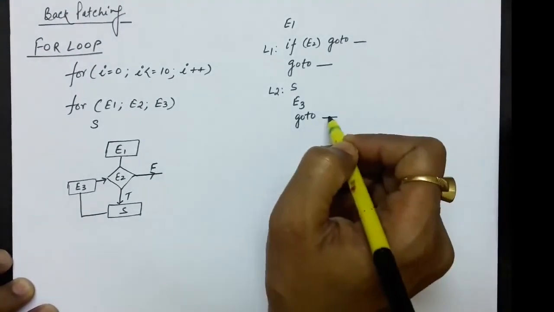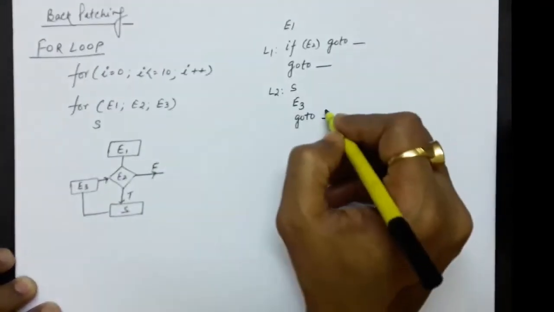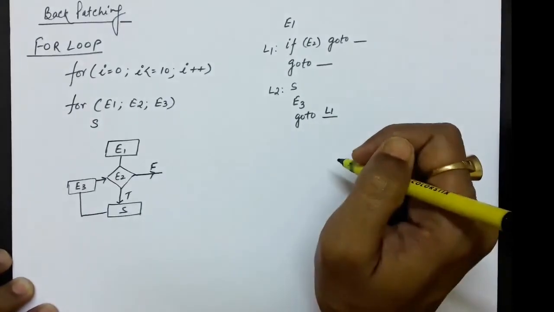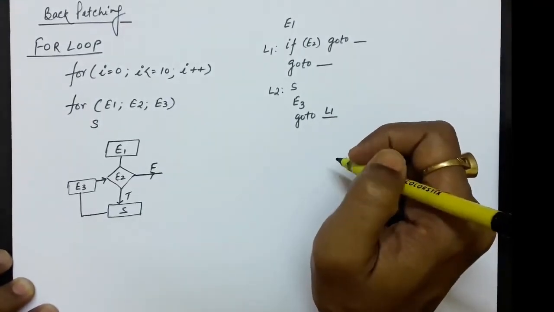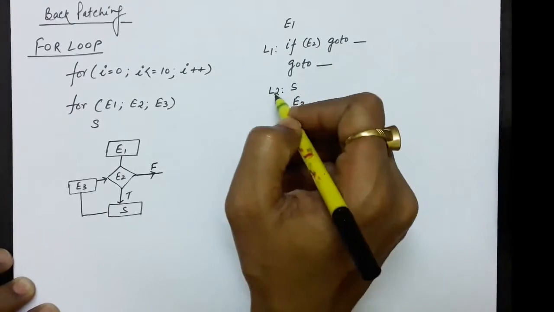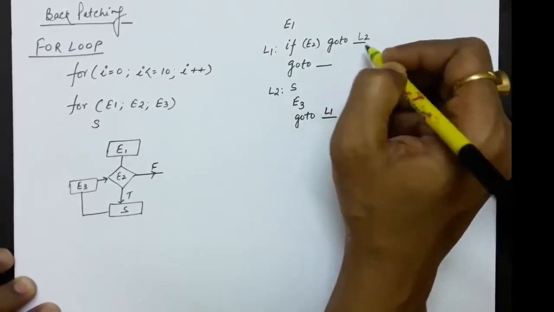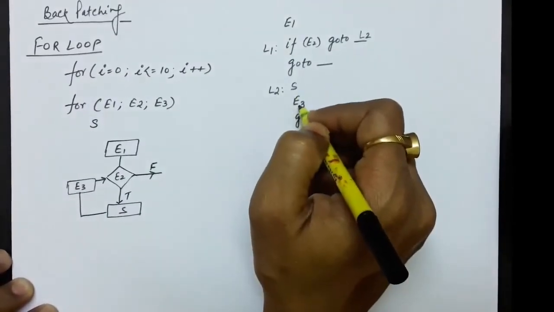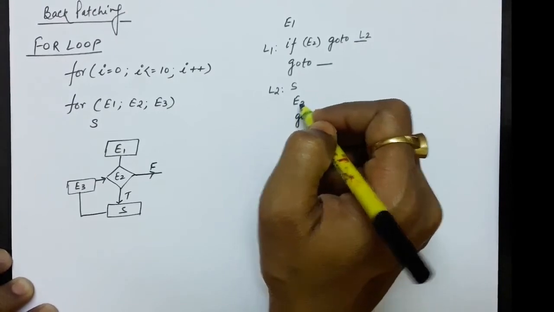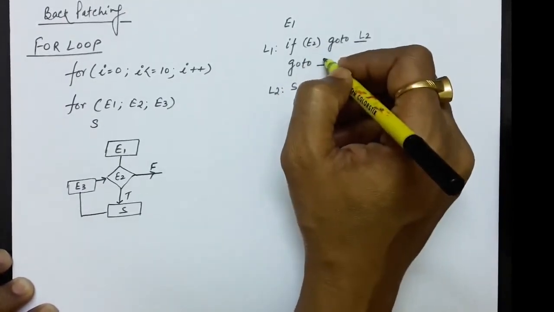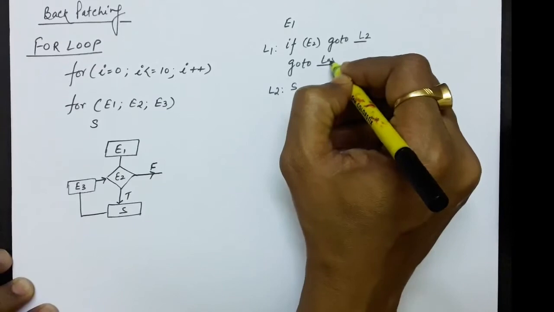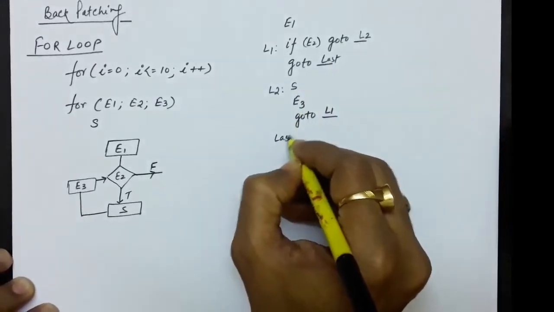Fine. So what is the condition check? Condition check is done at L1 statement. So in the backpatching, you can write this L1 here. Fine. Now if the condition is true, you're going to L2 to execute the statement S, and followed by the E3. If the condition is not true, in that case you will come to the last. Let's say this is the last level.